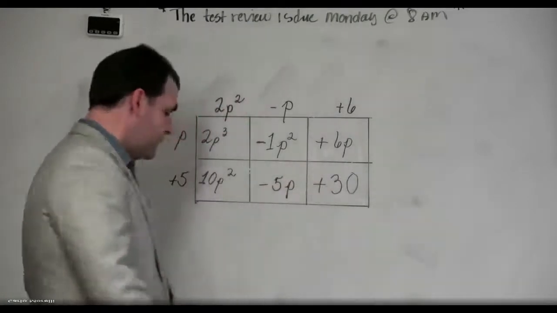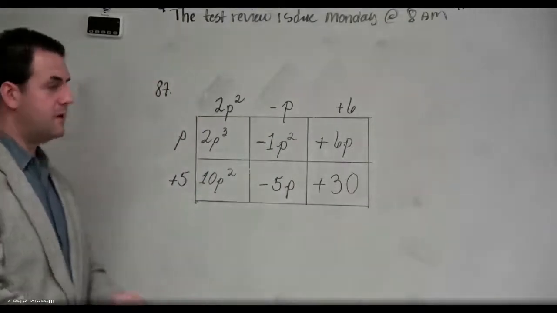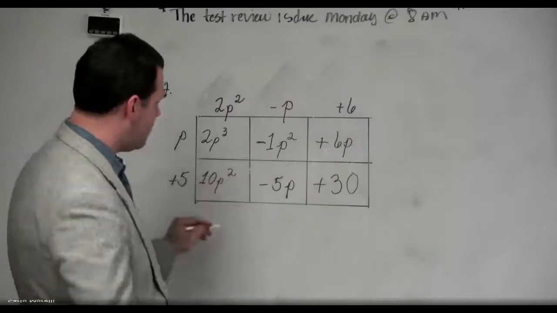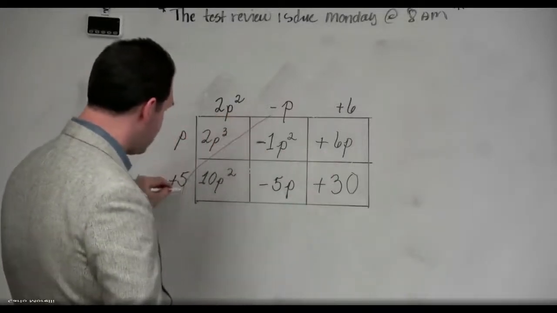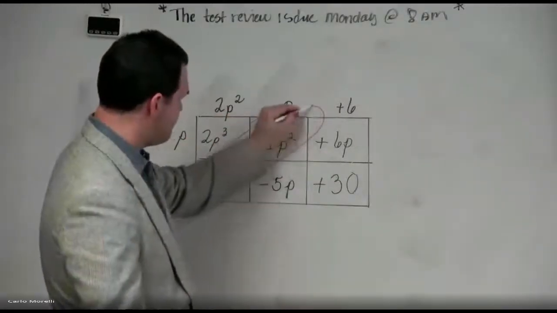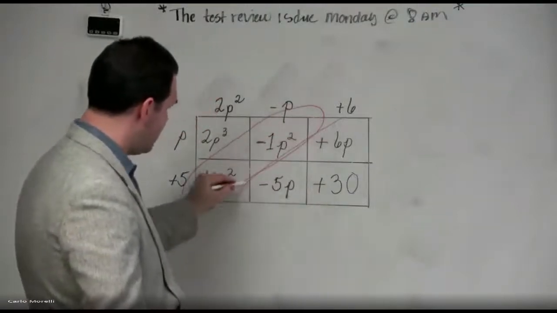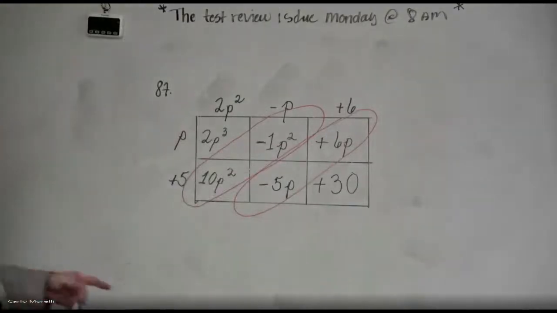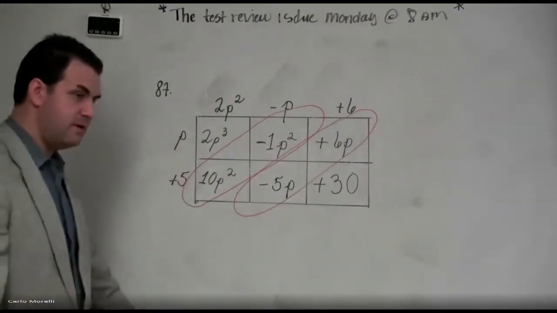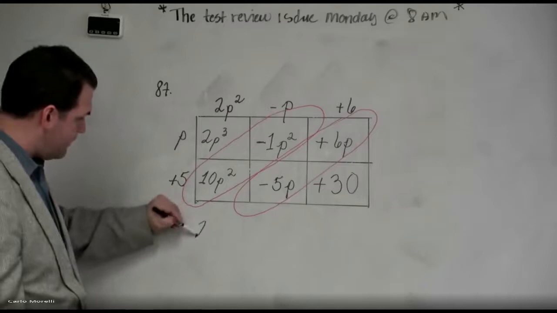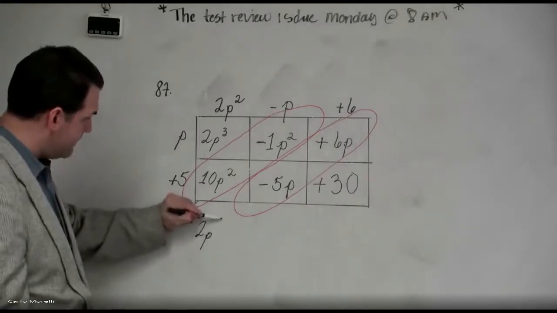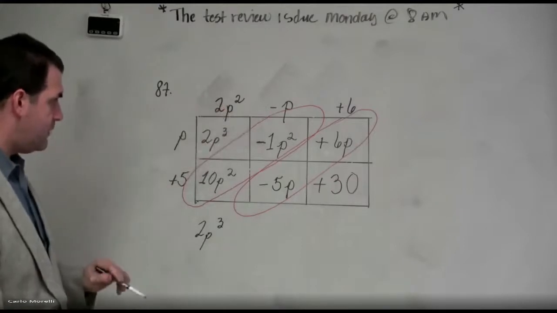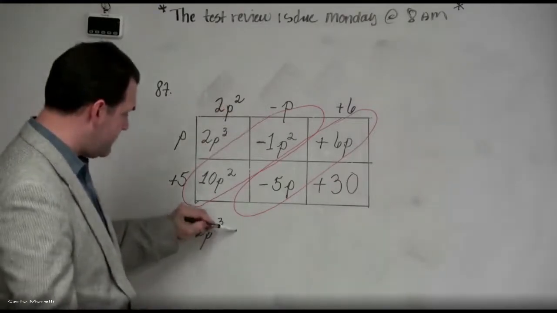Now notice something. There's a little bit of structure hidden here that I want you to notice. These terms are common and these terms are common. So you can draw 2 tic-tacs here, and you can combine these terms. We're going to start with the largest exponent, so we start by writing 2p cubed. And now 10p squared plus negative 1p squared gives us positive 9p squared.